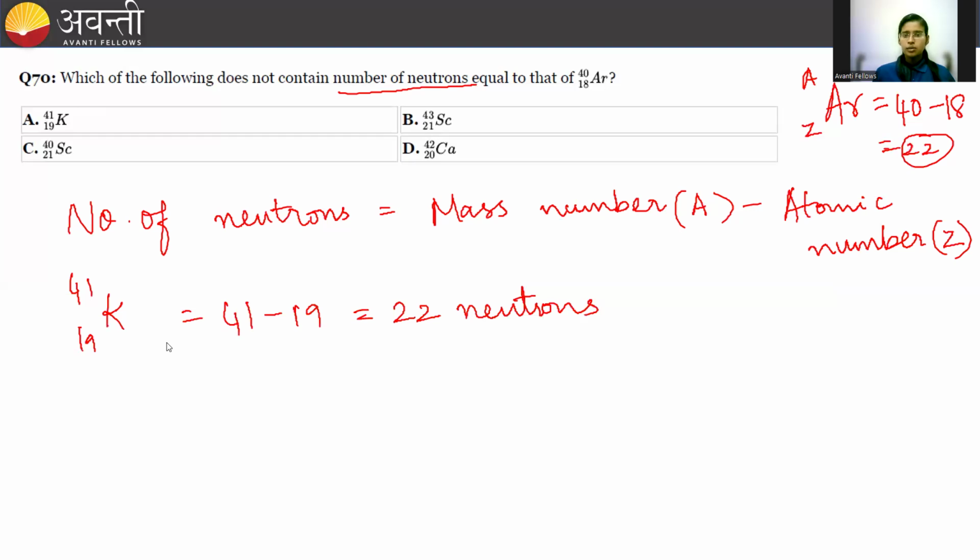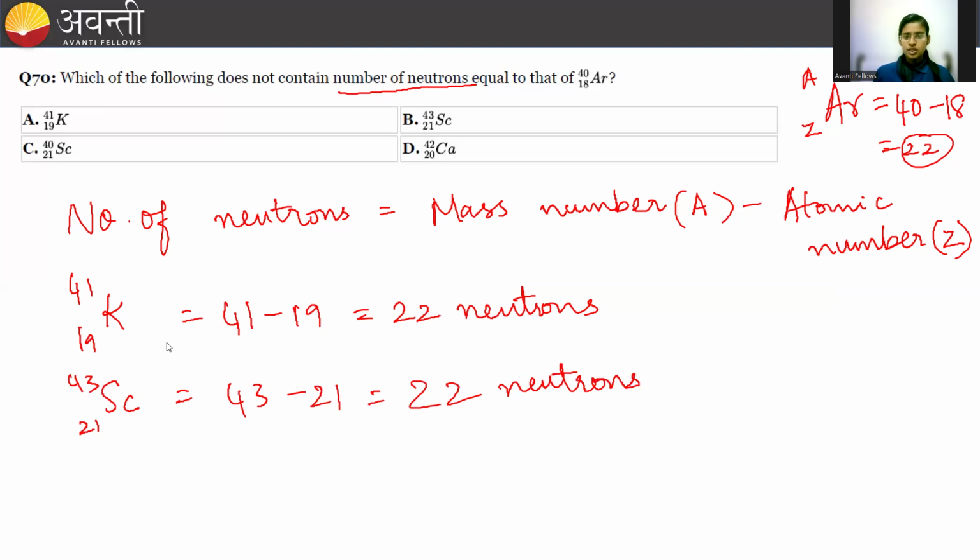Okay. Then coming to scandium, option B, which has atomic number 21 and mass number 43. The mass number is 43, the atomic number is 21. So if I subtract this, I will get 22 as the value again. So option B also has 22 neutrons.